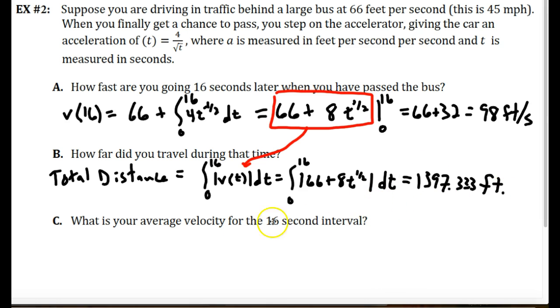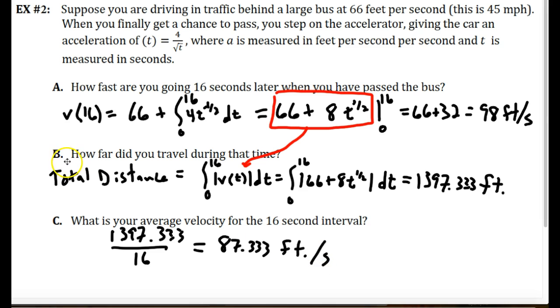So to find average velocity, we can just take this total distance divided by the time. So 1,397.333 divided by the change in time. Change in position divided by change in time is going to get me average velocity. So that's going to be about 87.333. And my units here, if we're talking about velocity, would be feet per second.